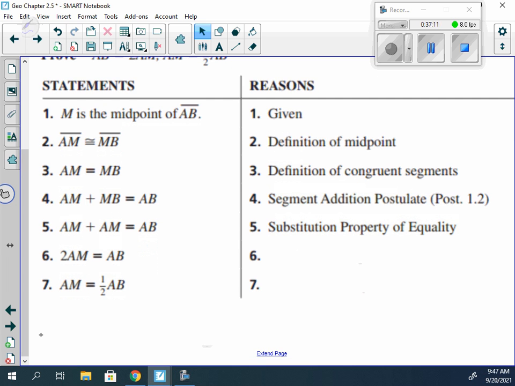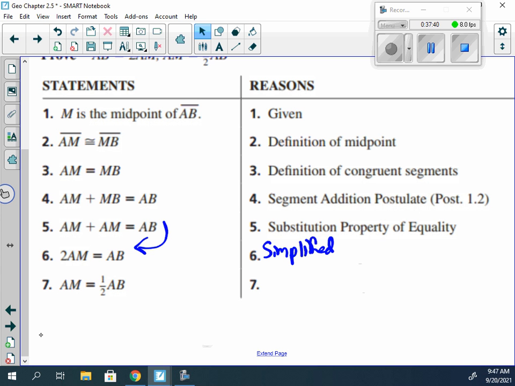Okay. So what do we do to go from here to here? Well, we just simplified, yes, because AM plus AM is 2AM. The textbook will say it's the distributive property. We did the distributive property backwards.